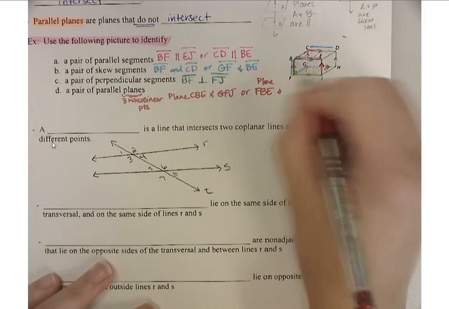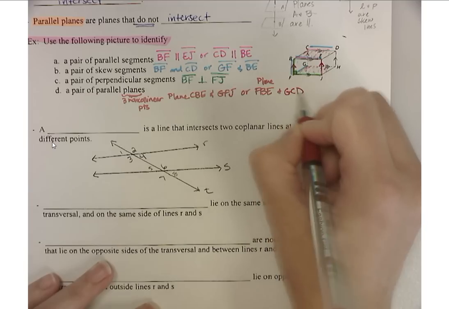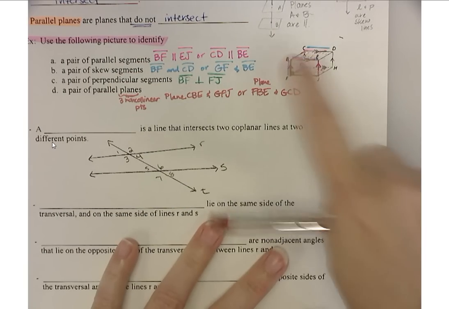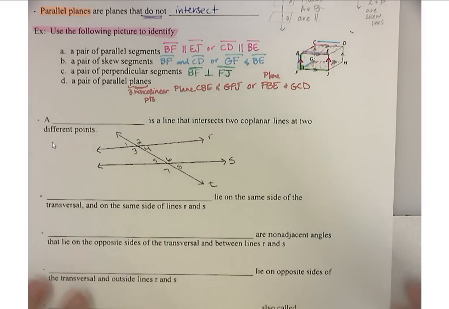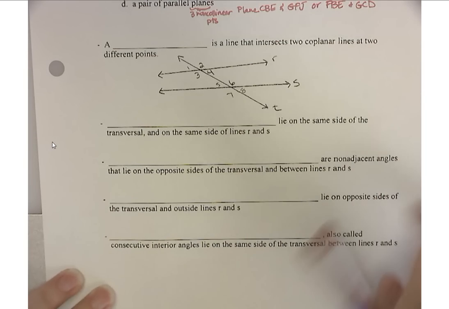And my back side here would be GCD. You could also do this side and this side as long as they're parallel. Parallel means they're never going to intersect even if you extended your picture.